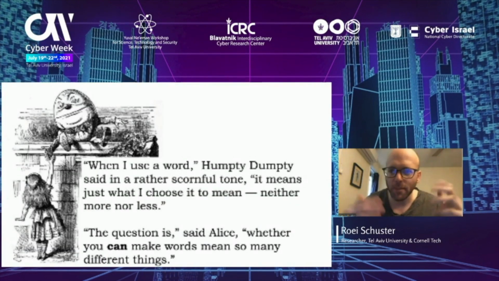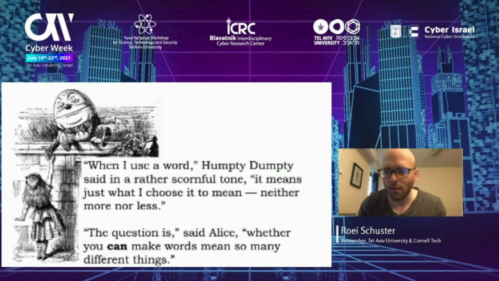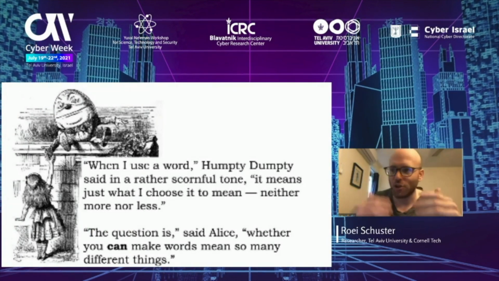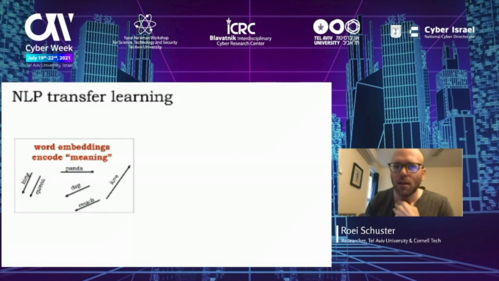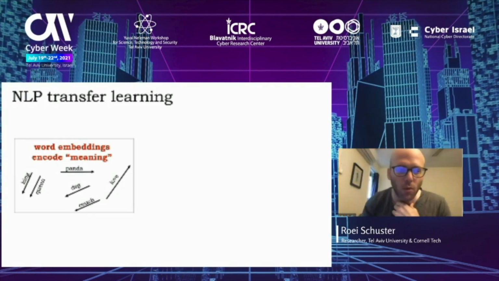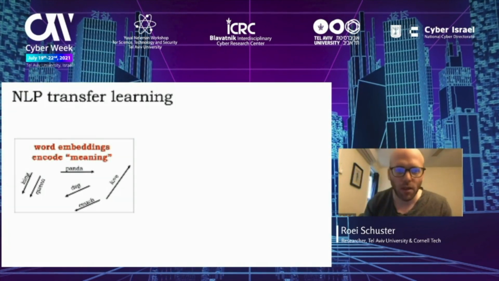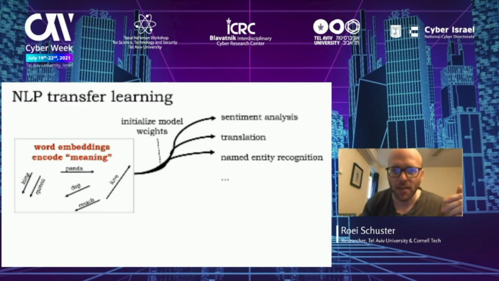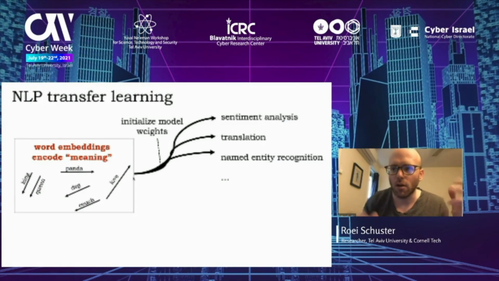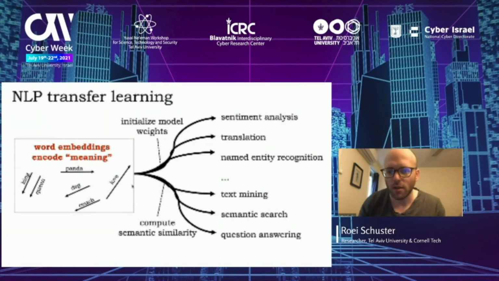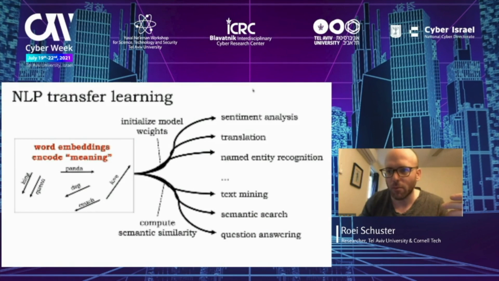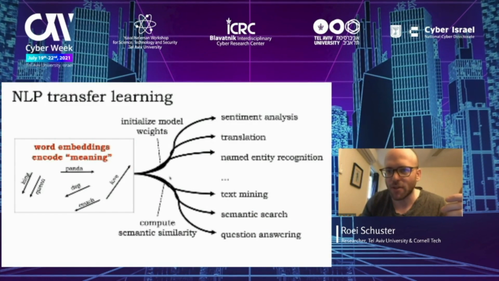It's about how we can change word meanings, which is kind of an old idea, to do harm. And what does it mean in NLP or in machine learning? Word meanings are encoded in a low-dimensional vector space. They are initialized once and then used multiple times for many downstream task solvers.